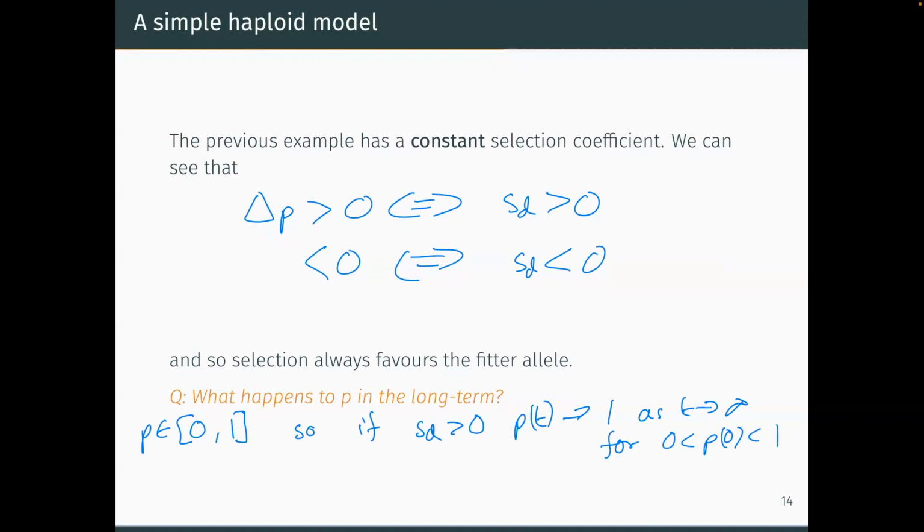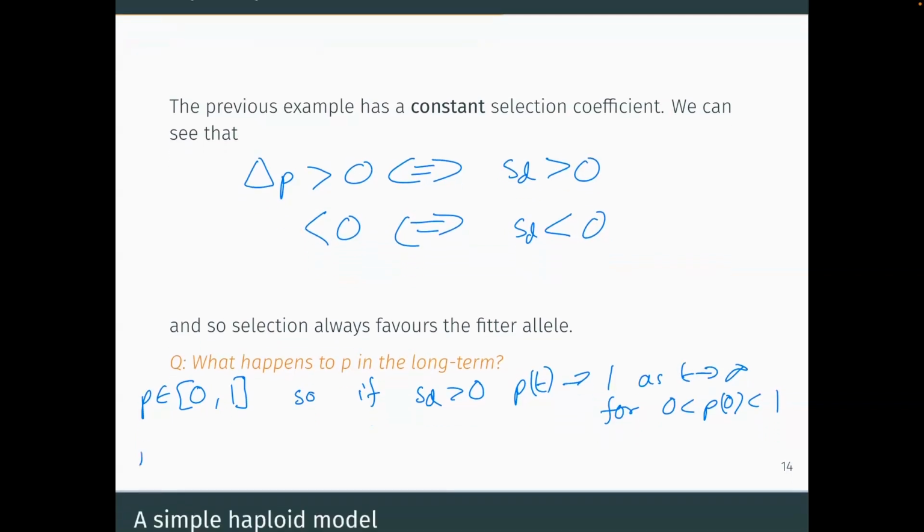If it's between 0 and 1, we tend towards 1 if the selection coefficient is positive, and P of T tends towards 0 as T tends to infinity if it's negative, again when the initial frequency is between 0 and 1.